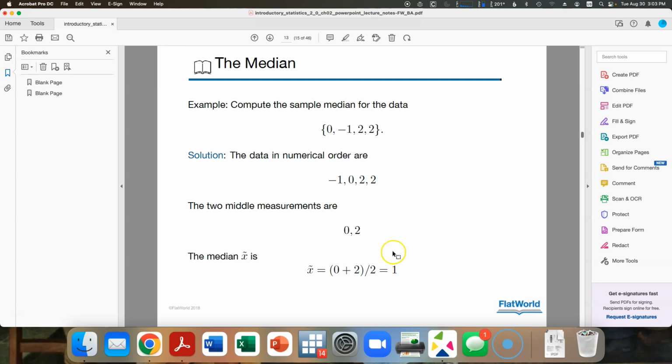The average, if we were to add up all these scores, -1 plus 0 plus 2 plus 2, and then divide by 4, we would have 3 over 4, which is 0.75. So the mean would be 0.75.